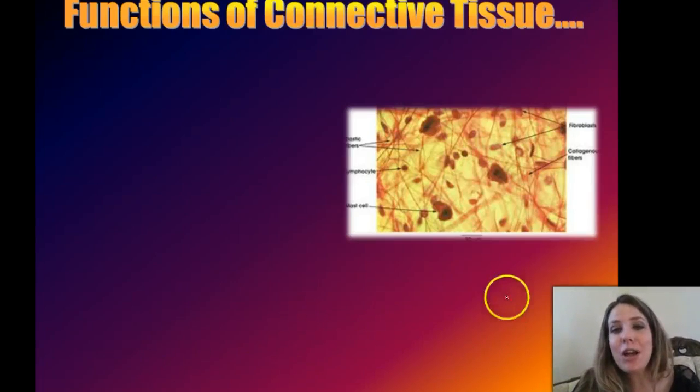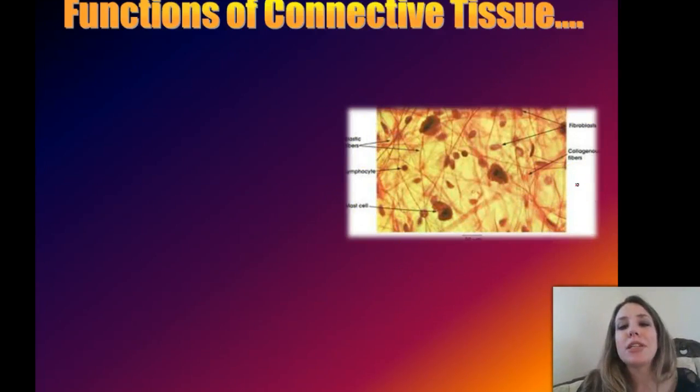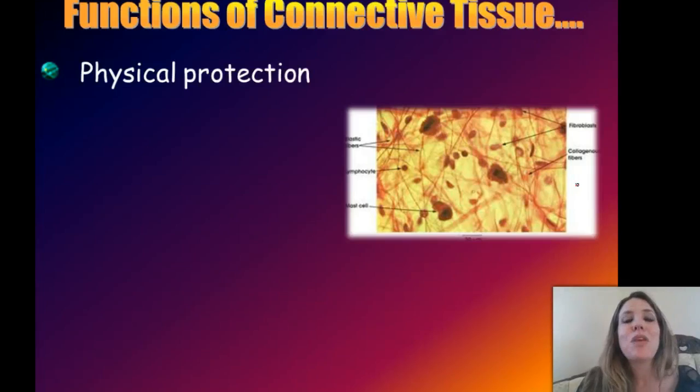And you see right here a lovely picture of some connective tissue. And again, very soon you'll be able to identify what kind of connective tissue we are looking at there. But like so many things in our body, like the epithelial layers we were talking about before, connective tissue is a protective tissue. In many cases, it's providing physical protection.